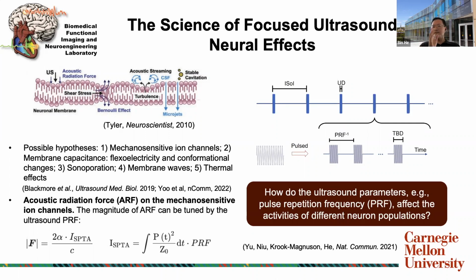So one of the thoughts we had is if we change this pulse repetition frequency, we can control the acoustic radiation force. And if that ARF is a major driving force for the mechanosensitive ion channel mechanism, you can control the neural excitation or inhibition. So this is the first question that we try to address by experimentation.